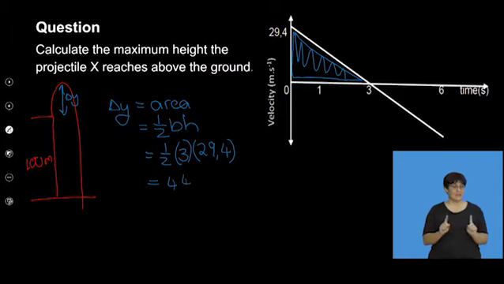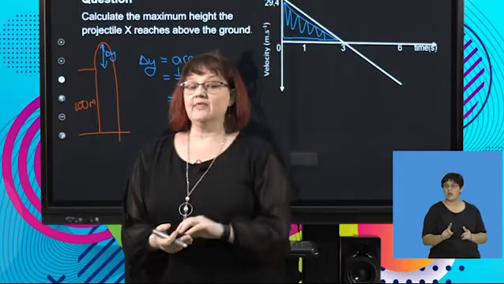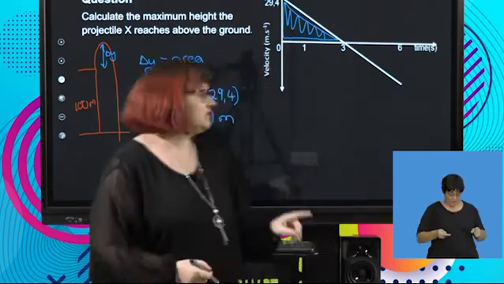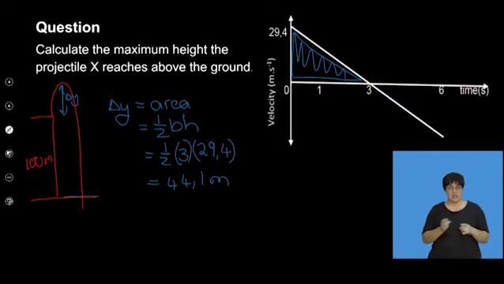But that is not my answer. They didn't ask how high above the cliff did it go. They wanted to know how high it was from the ground, from here. So it starts at 100 meters already, and now it goes another 44.1.